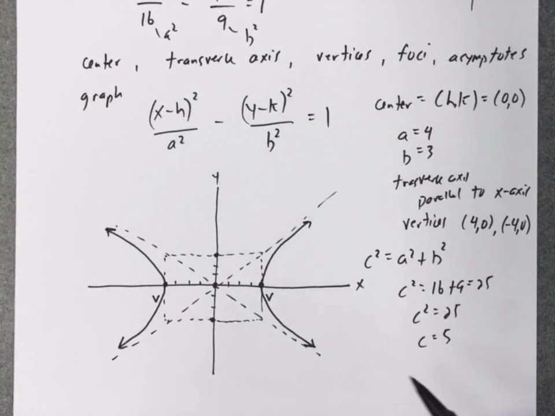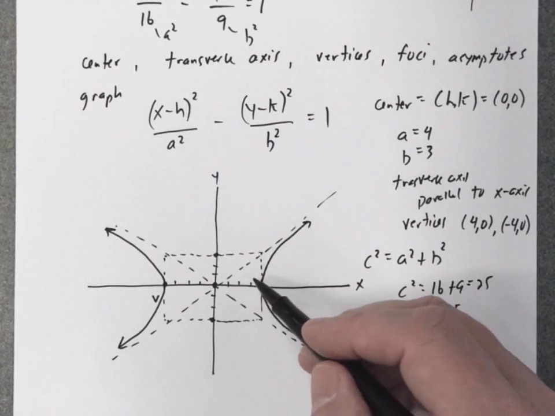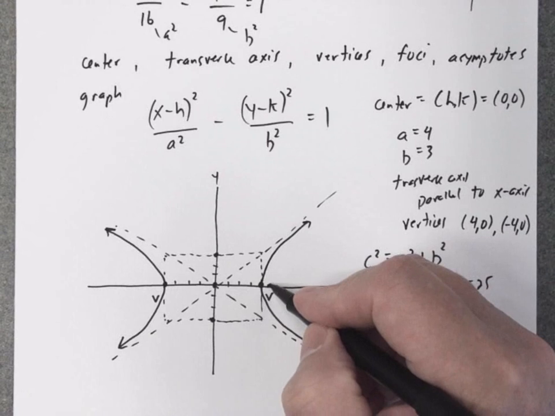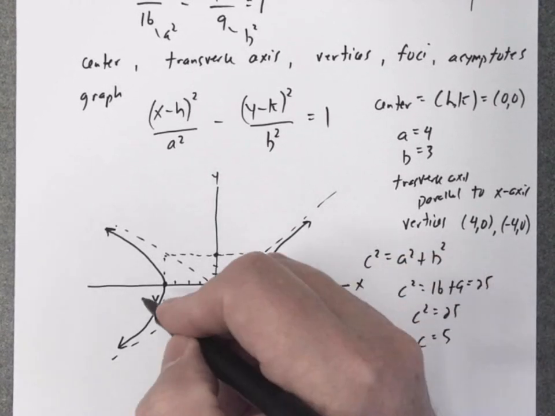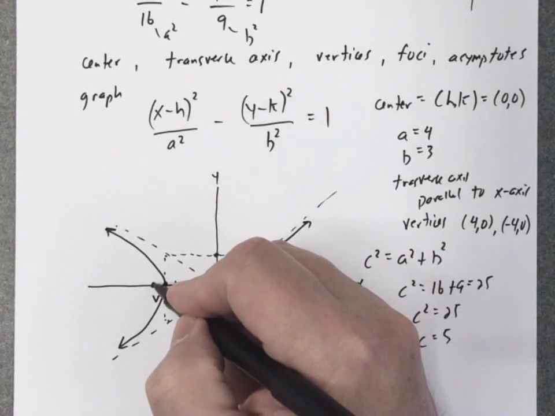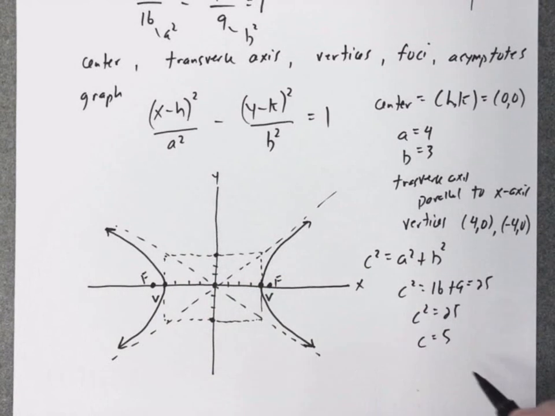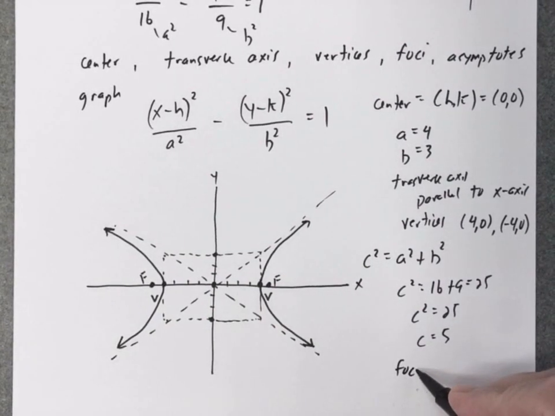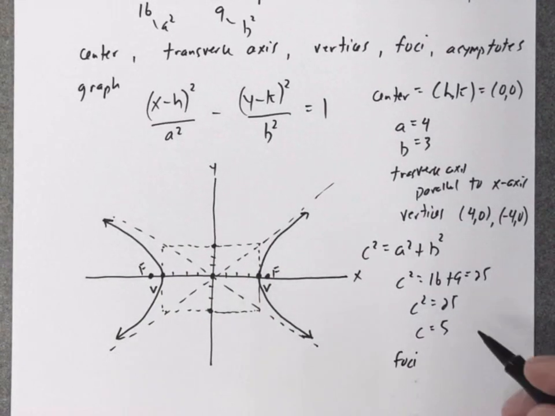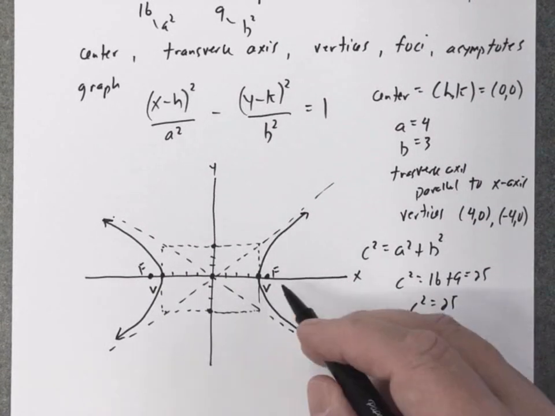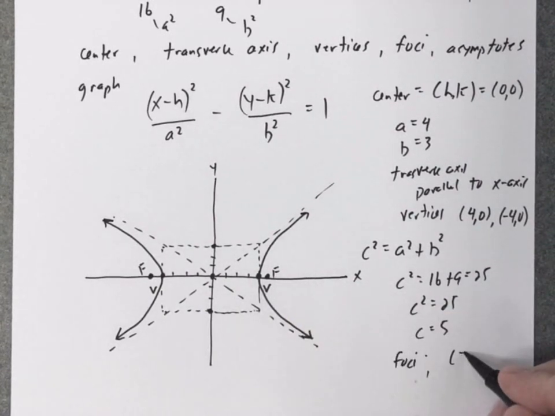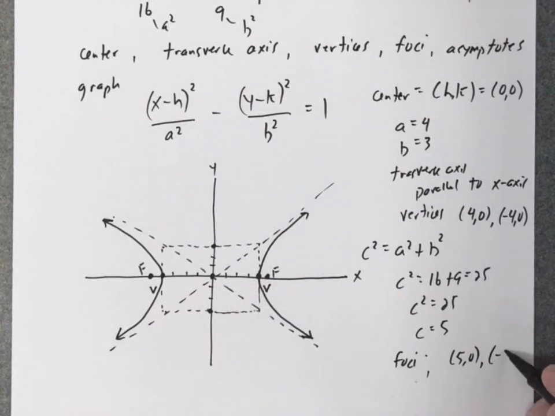So the foci, we're going to move 5 to the right, and then 5 to the left. So the actual foci would be (5, 0) and the other focus would be (-5, 0).